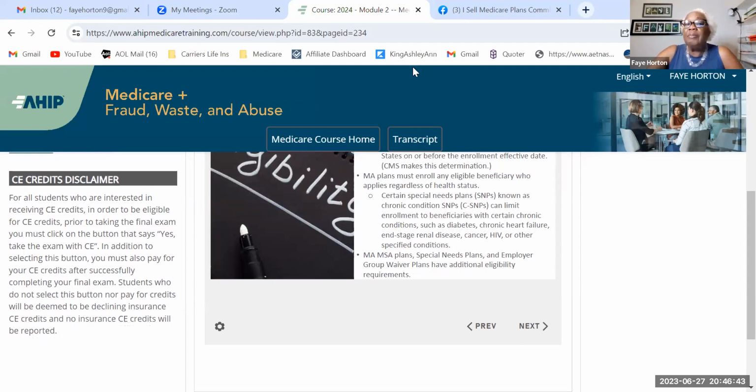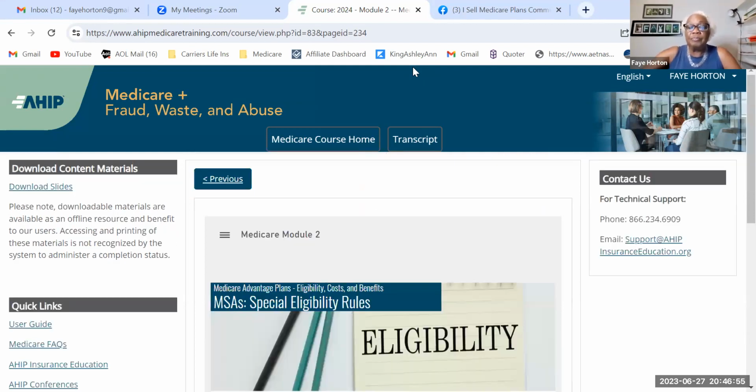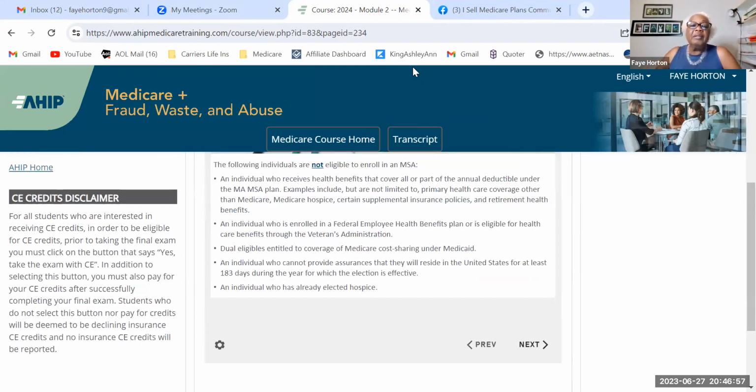Medicare Advantage MSA plans, special needs plans, and employer group waiver plans have additional eligibility requirements. The following individuals are not eligible to enroll in an MSA.